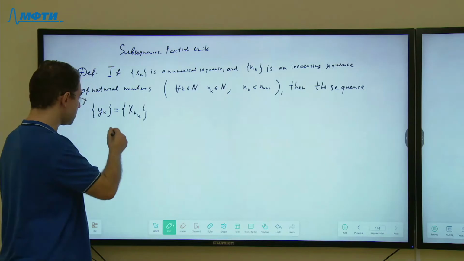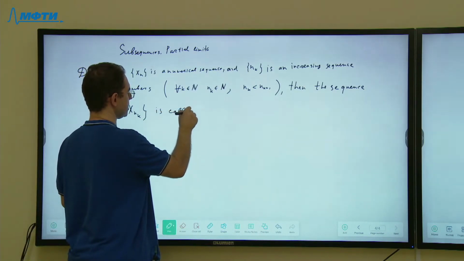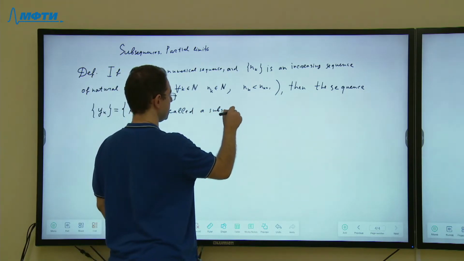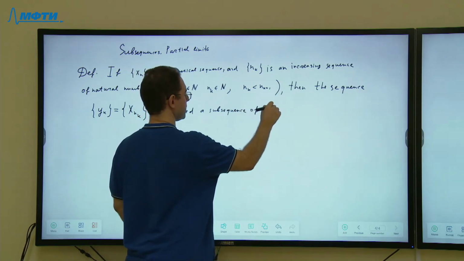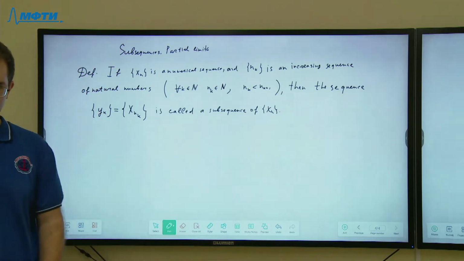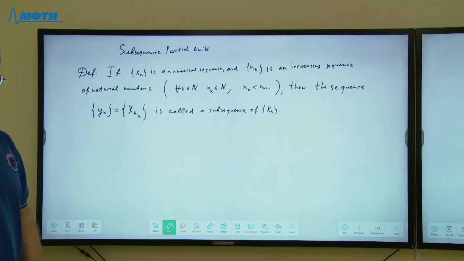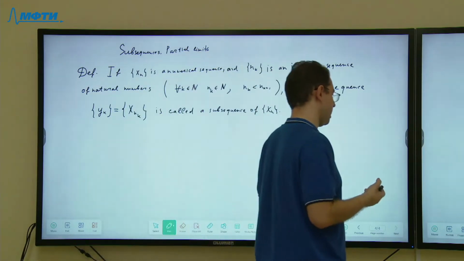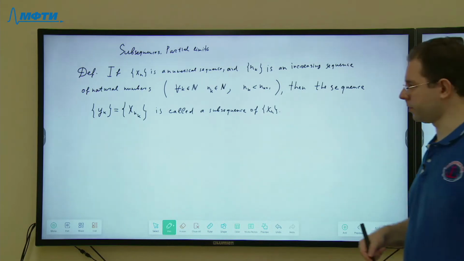Then this sequence is called a subsequence of x_n. So basically we are taking the terms of our sequence, maybe not all of them, but infinitely many of them, in the correct order. This is the idea.